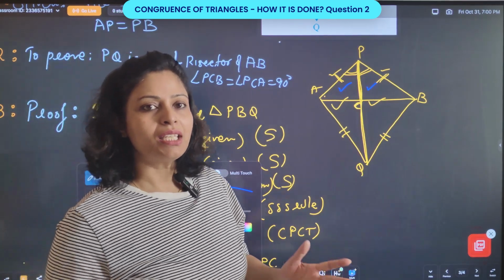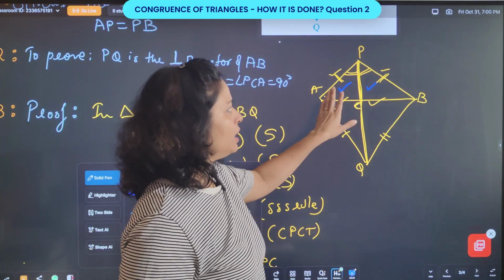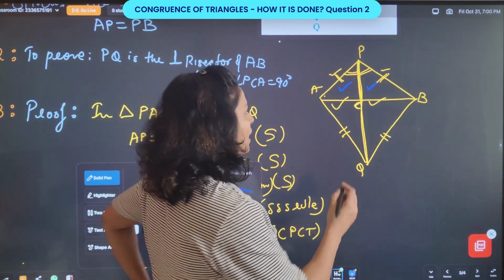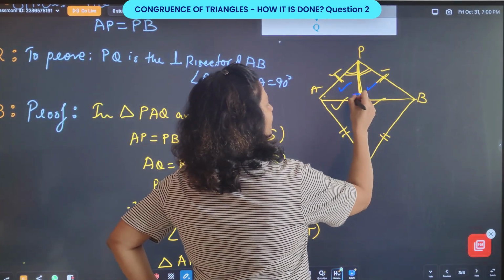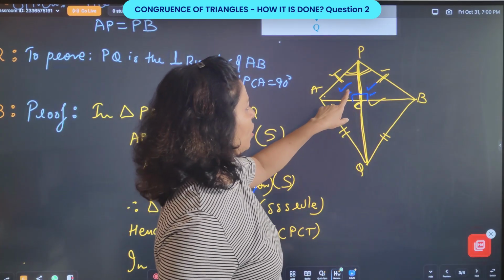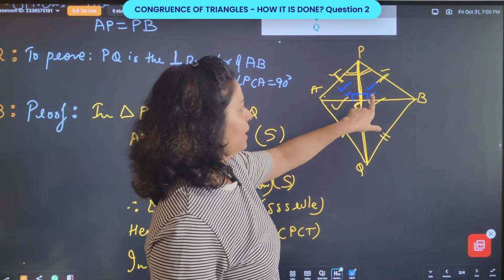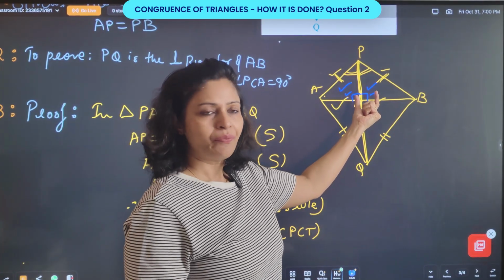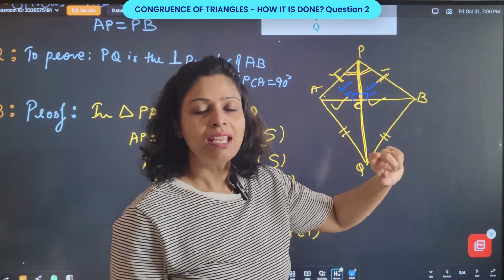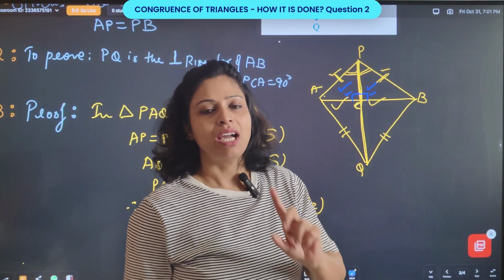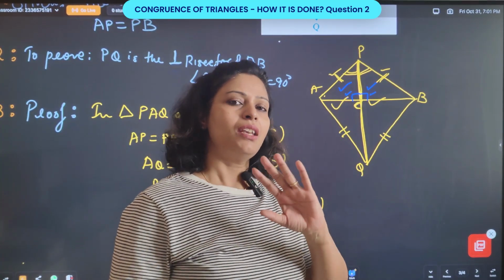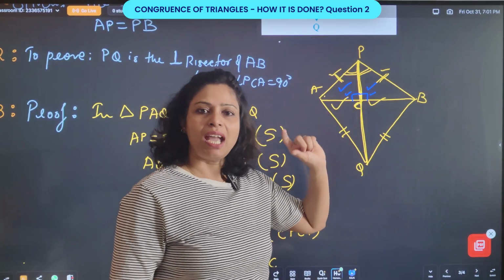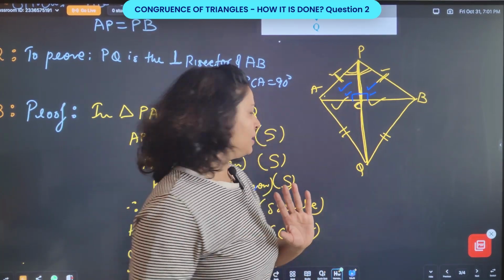Now why we did the congruency between these two triangles, we will understand. There is a purpose; simply we are not doing the congruency. Now I can say that this angle belongs to triangle APC and this angle belongs to triangle BPC, so these two angles are equal by CPCT.